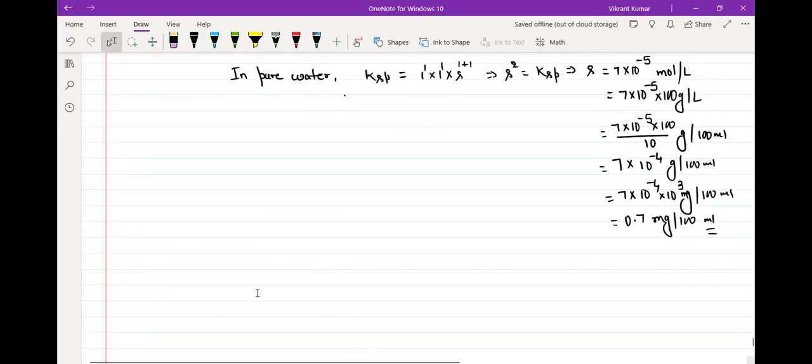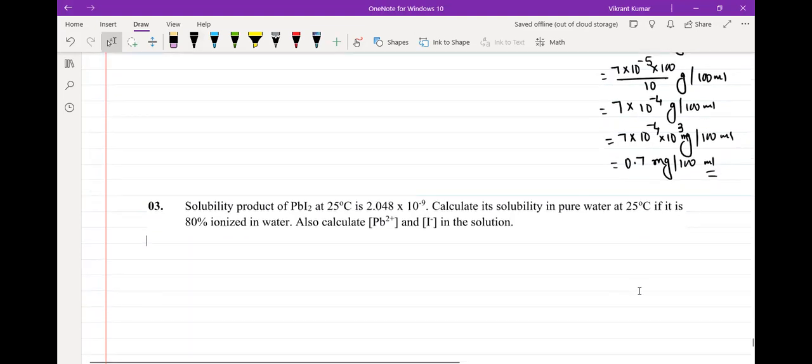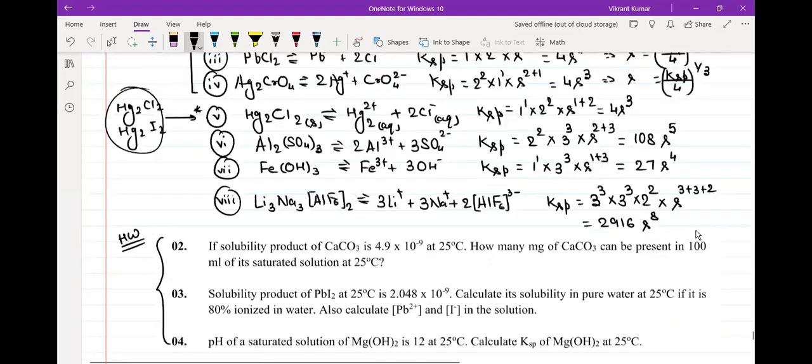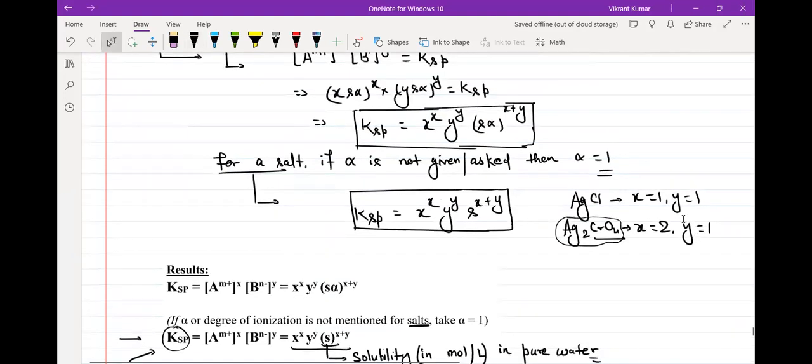This is solubility product of PbI2. So if you see solubility product of PbI2 is given this much, and then it is asking solubility in pure water if it is 80% ionized. If you revise that first part जो मैंने करवाया था, इसमें मैंने बताया था we were having a formula जिसका special case लिया था.